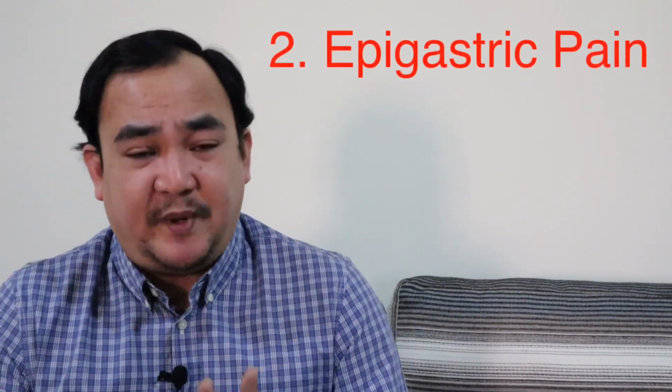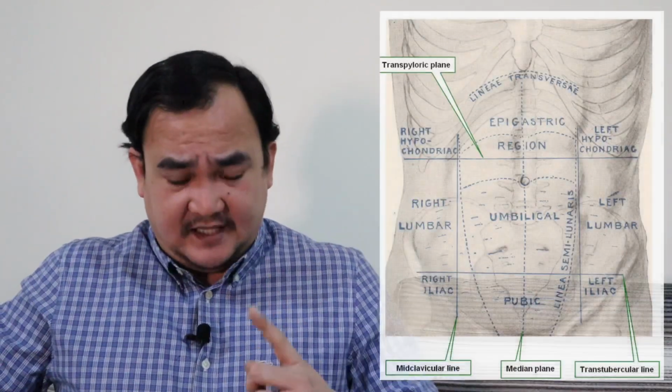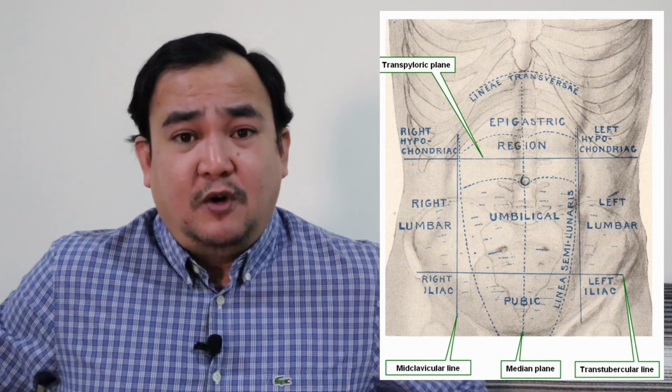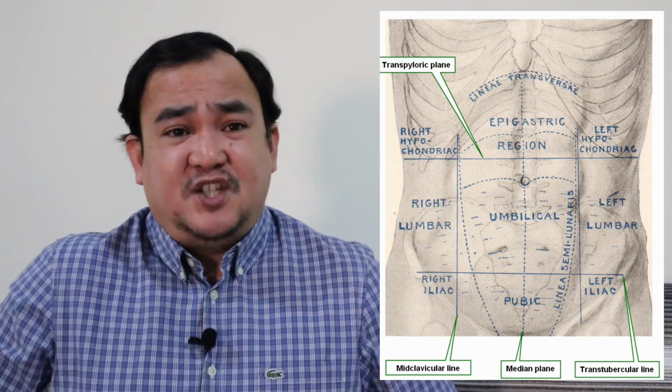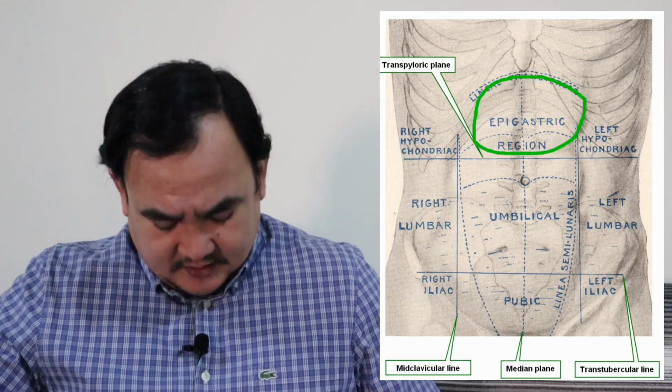The next is epigastric pain. This epigastric pain can also radiate to the back or to the right shoulder. The epigastric pain is located here, where both rib cages meet, connecting to the manubrium.